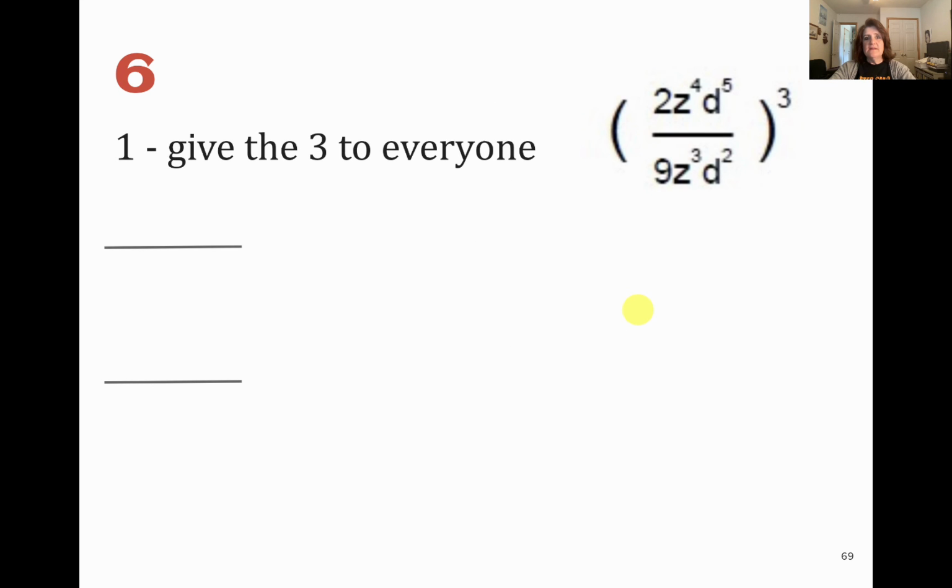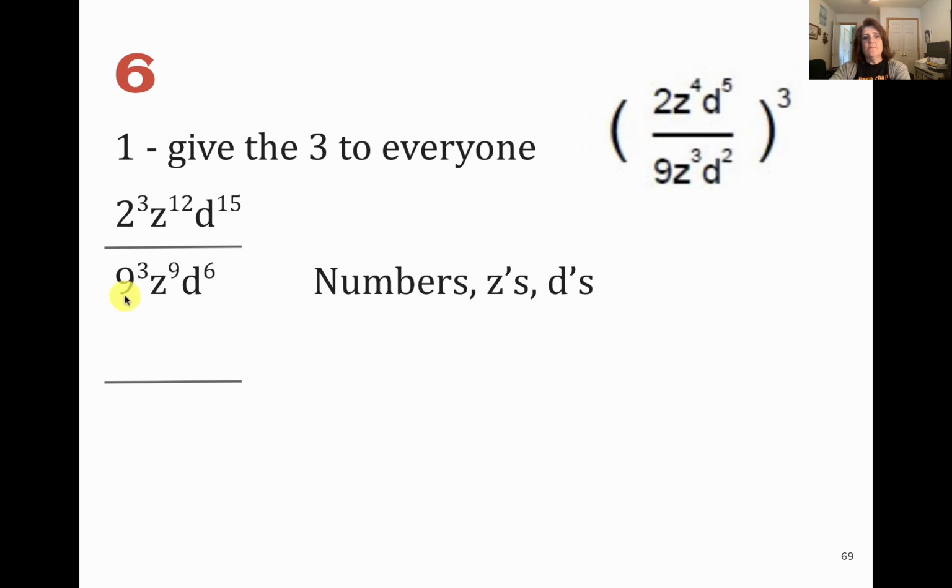In this one, first give this 3 on the outside to everyone. So the top is going to be 2 cubed, z to the 12th, d to the 15th. The bottom is going to be 9 to the 3rd, z to the 9th, d to the 6th. Then you're going to look at the numbers, z's and d's.